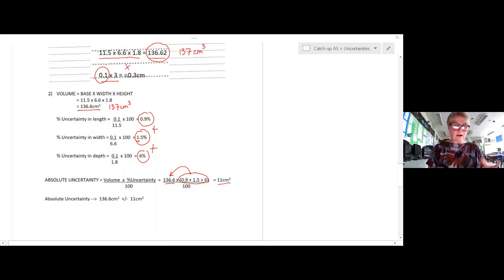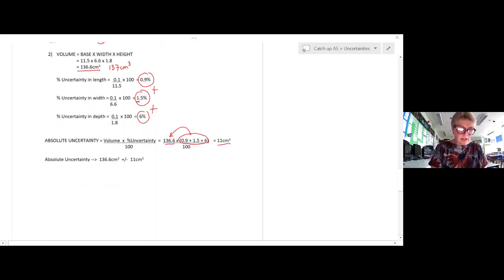Now, the finishing script here is just a little bit off, they won't get their mark. This bit's good, because there's 2 significant figures, because the first number is a 1. So that's great. But it doesn't tie in to finish it off. So 137 centimeter cubed, 3 significant figures, in keeping with what they've given us, plus or minus 11 centimeter cubed.